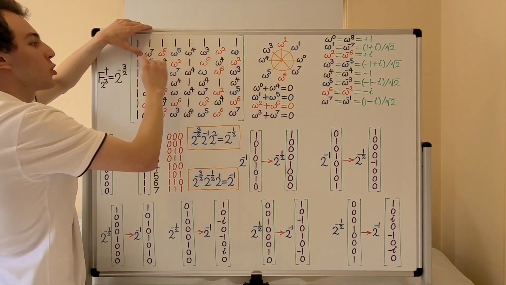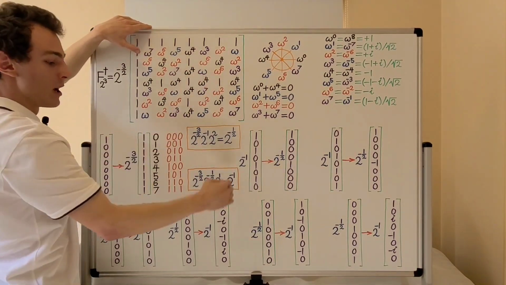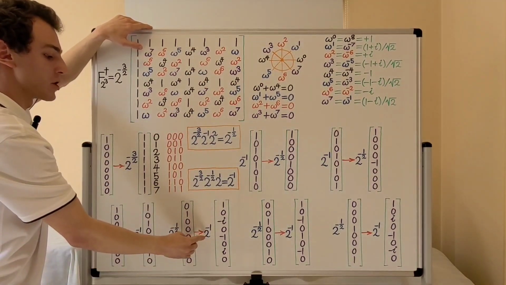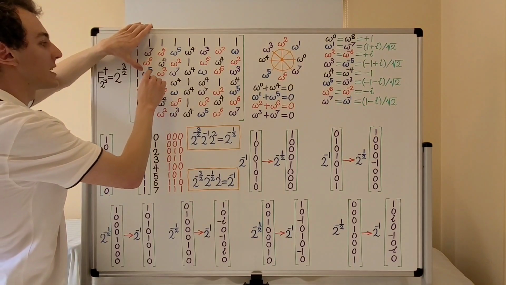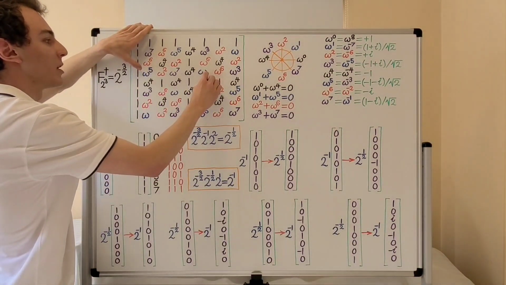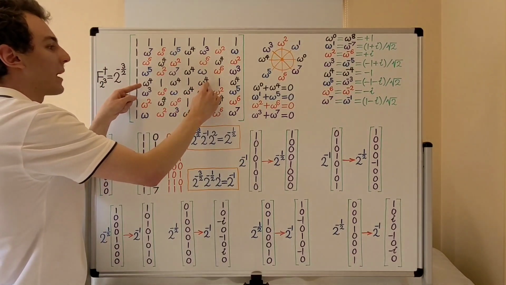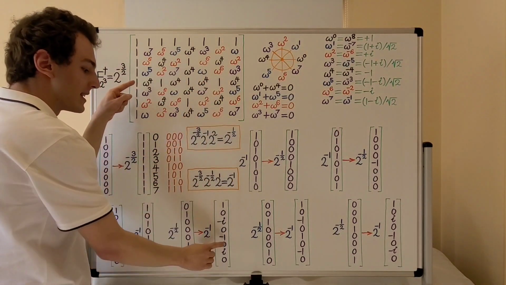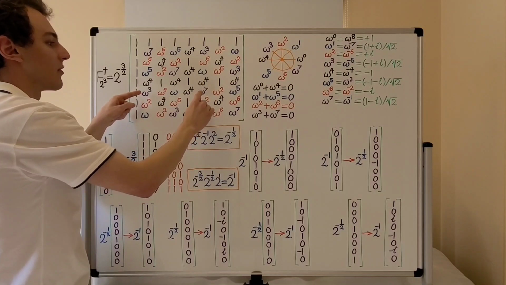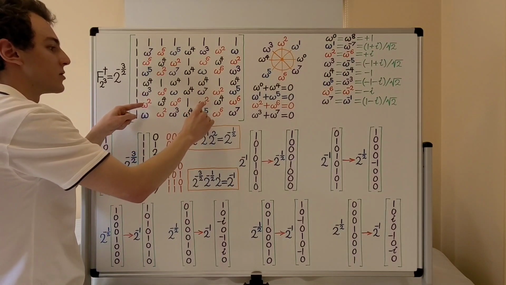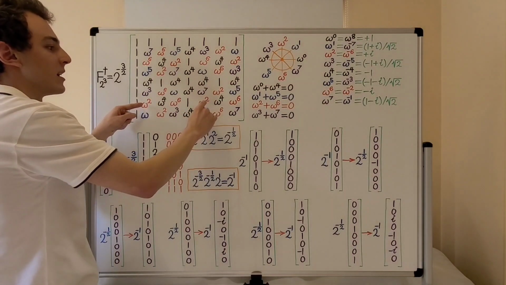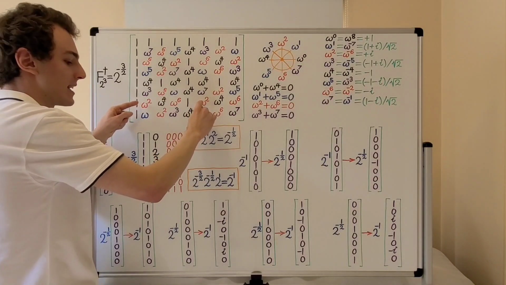And in fact, we're going to have 2 copies of that, but we can pull out the 2 and put it into the normalization coefficient. Then we're going to have omega to the 5 and omega over here. They are inverses, so they will cancel. And then we'll have 2 copies of -1. So that explains this -1 over here. And then we have 3 and 7, which cancel. And then we have 2 and 2, and that is going to give us 2 copies of i. So that is +i.